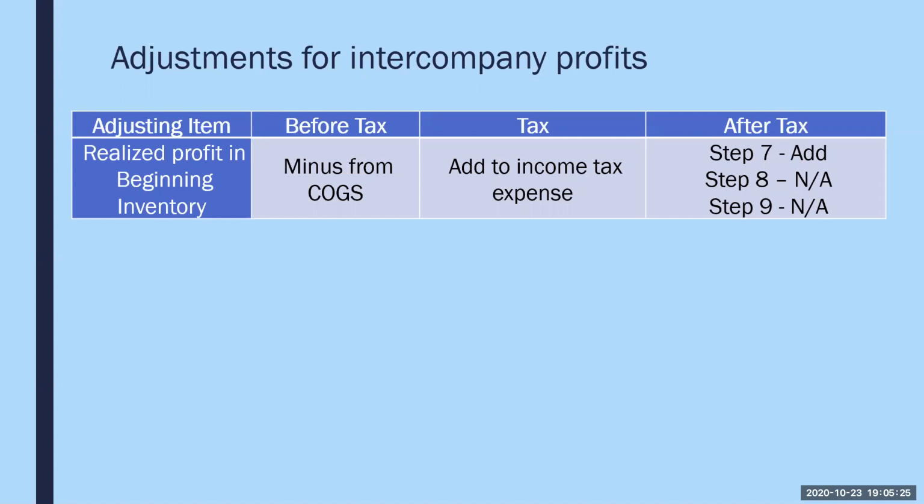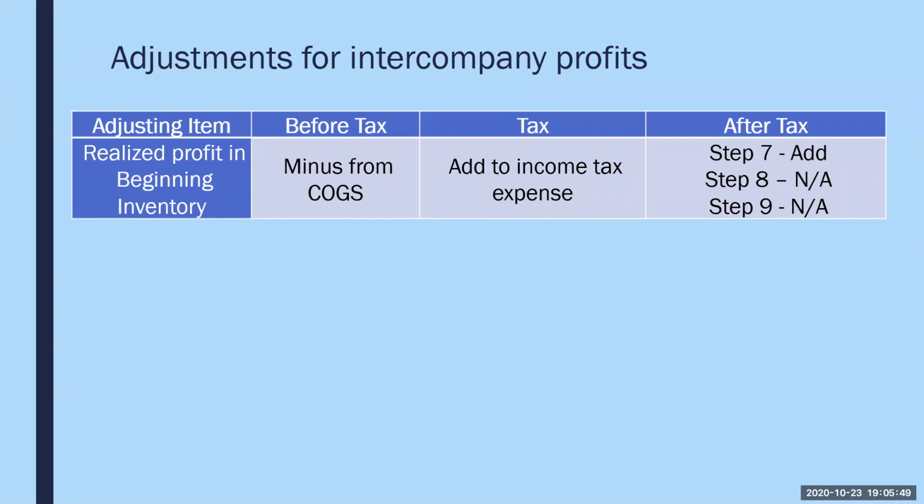Essentially, the inventory from the beginning of the year will not remain in inventory by the end of the year. So whatever was the unrealized profit carried forward from last year becomes realized in the current year. Now, when the profit gets realized, the consolidated net income should be higher.